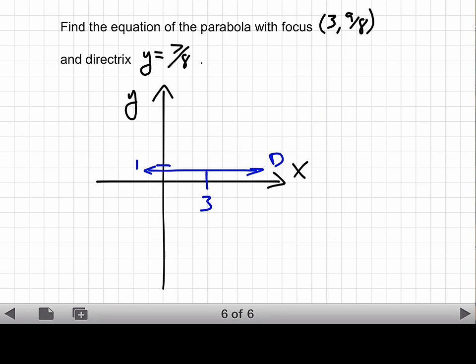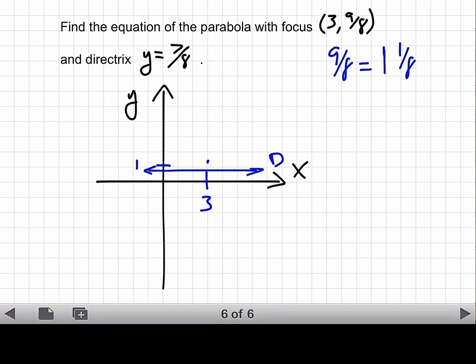The focus is at (3, 9/8), and it's probably easier to think of 9/8 in this case as 1 and 1/8. That's just bigger than 1 with an x-coordinate of 3. And I know that the vertex is halfway between the focus and the directrix.